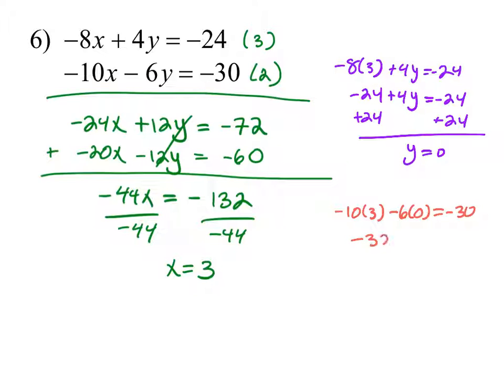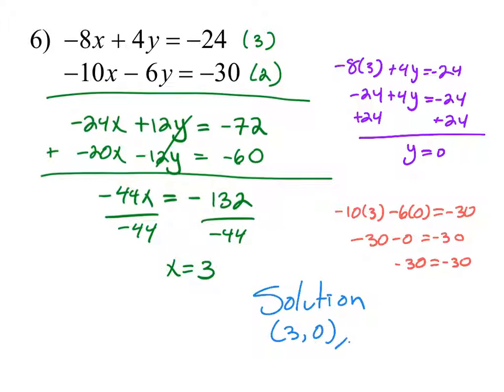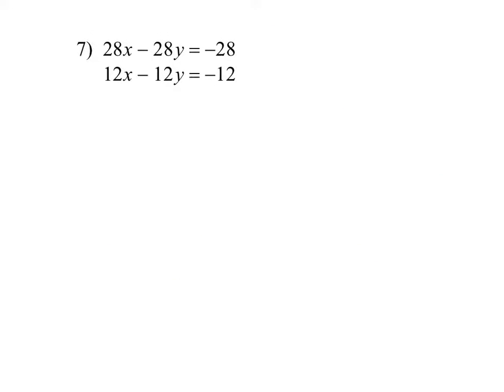So negative 30 minus 0, and negative 30 equals negative 30. So my solution is (3, 0). And the next one.